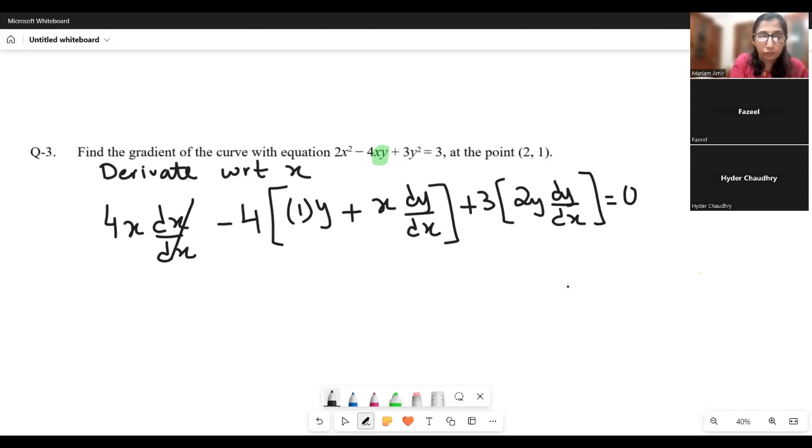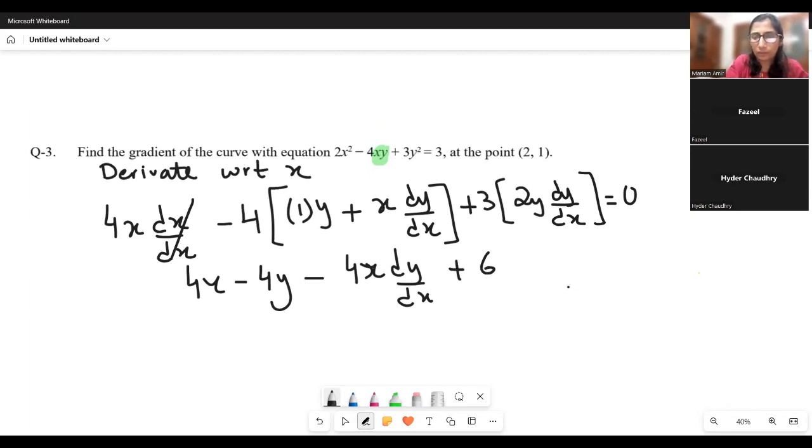So we're getting 4x minus 4y minus 4x dy over dx plus 6y dy over dx equals 0. So let's take dy over dx common and send everything else to the other side.